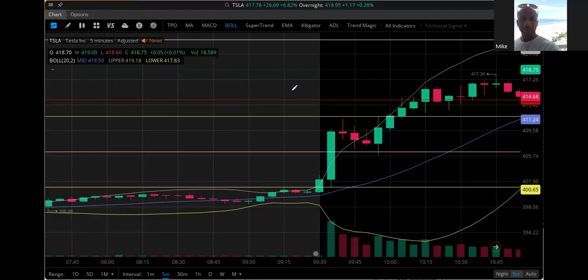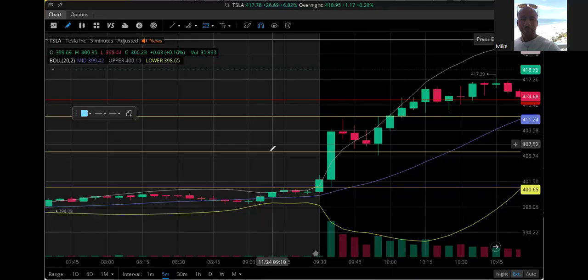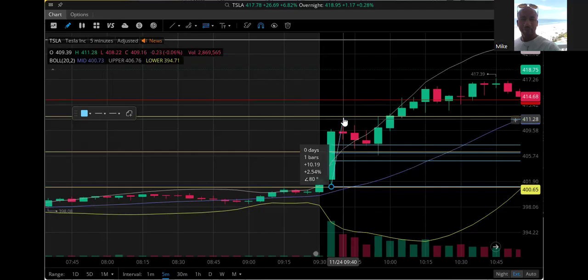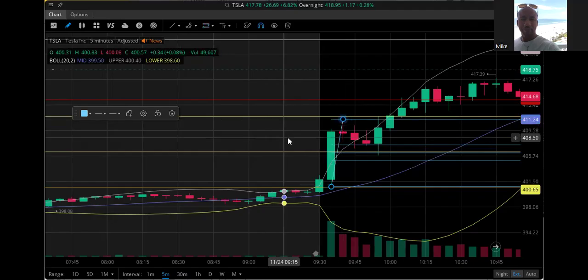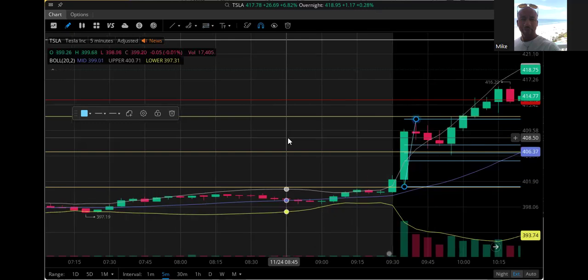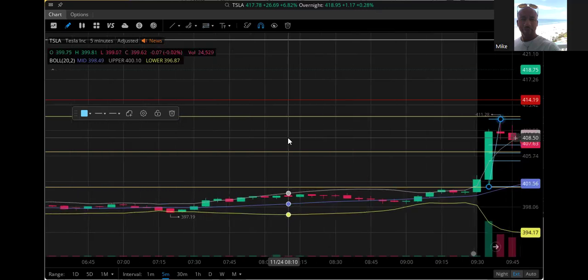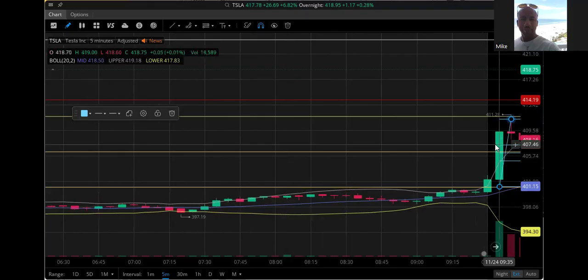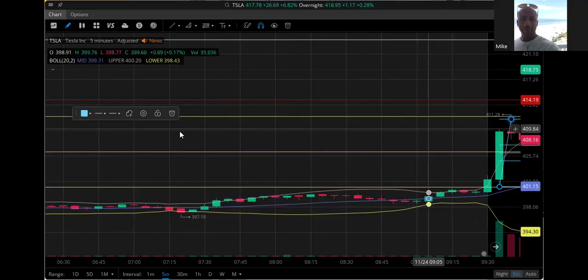I'm gonna grab that. Now, let me just put this here. Okay, and let me move this over so you can see what it looked like when I got into the trade. This is what the chart was looking like when I first opened it up this morning. Okay, let me kind of fix my Fibonacci here.